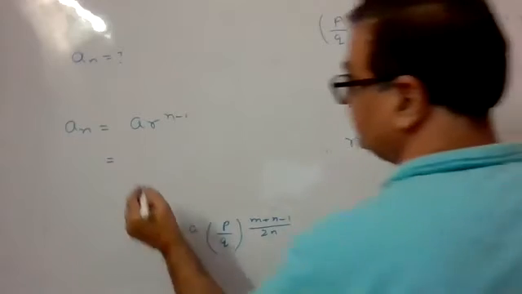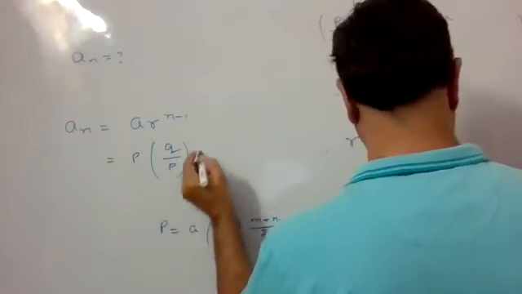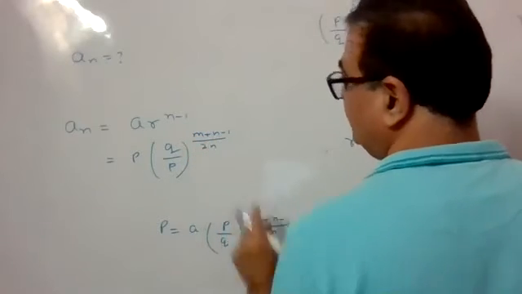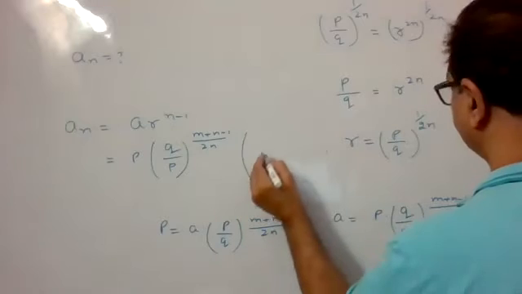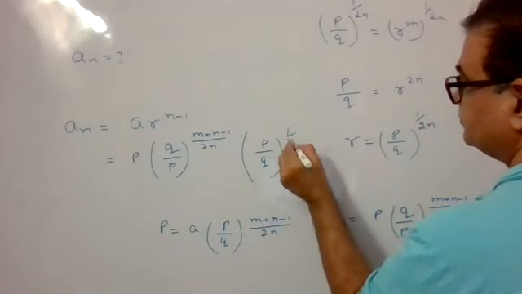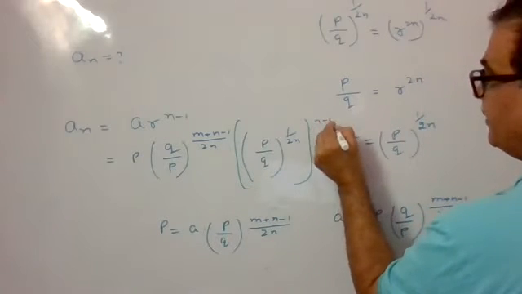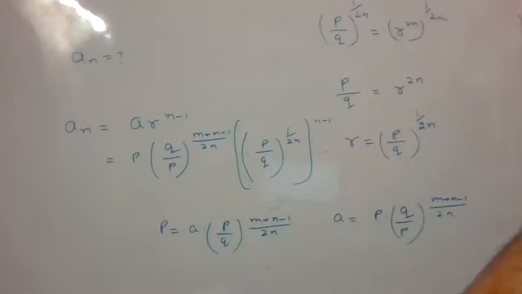A will be this: P into Q by P power M plus N minus 1 by 2N. R will be this only: P by Q whole power N minus 1. Is it right?